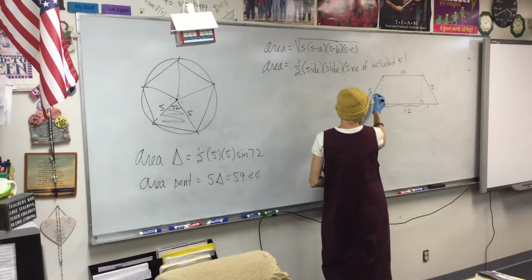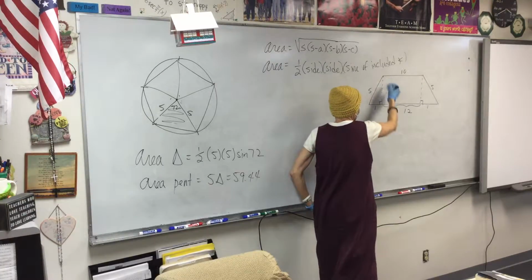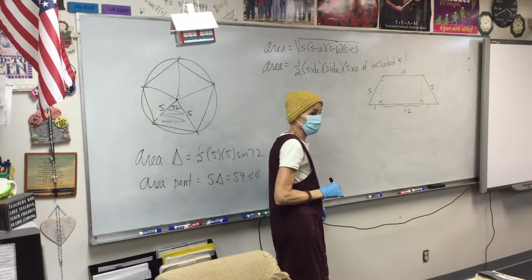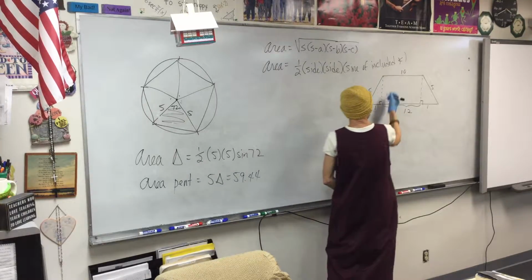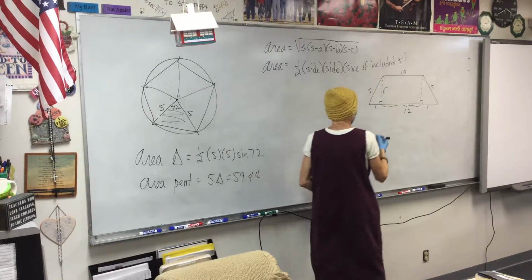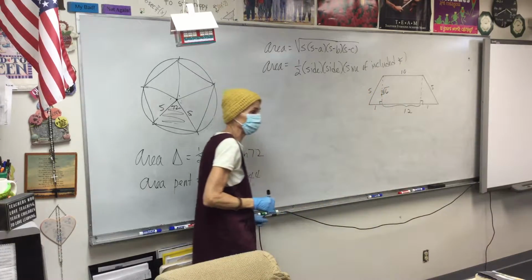And I know these two sides. Can I find the length of that dashed line I just drew down there? Yeah. How? The Pythagorean theorem, that's right. So it's going to be the square root of 24, let's see, 2 root 6, if I rationalize it like a good math student.